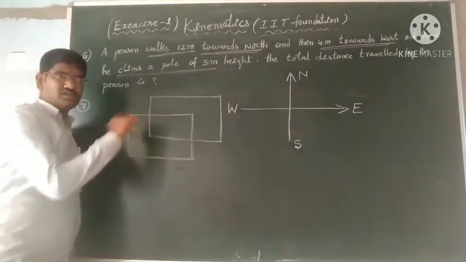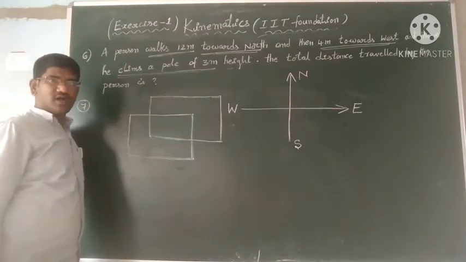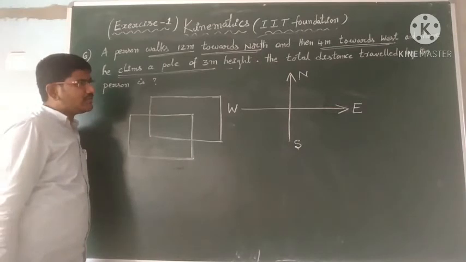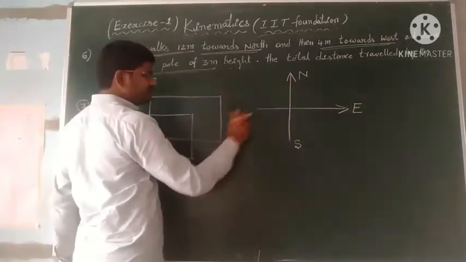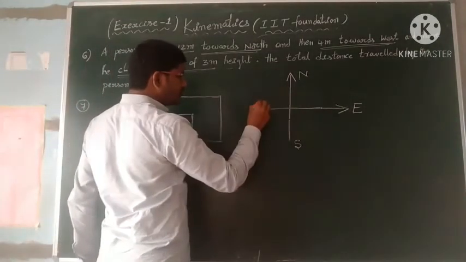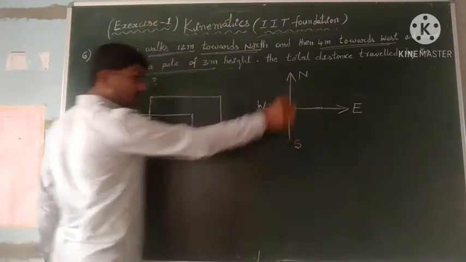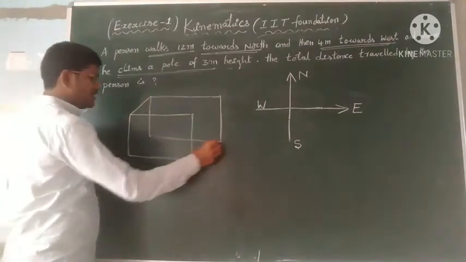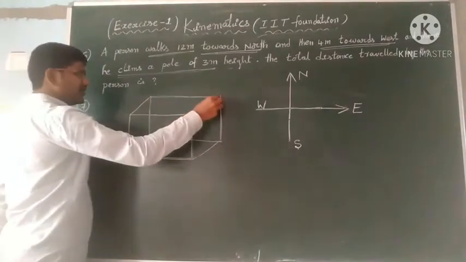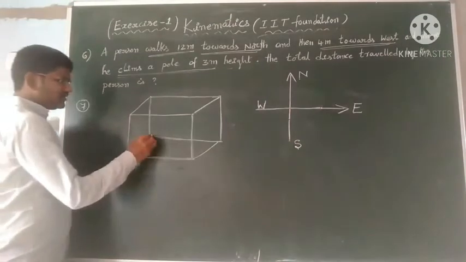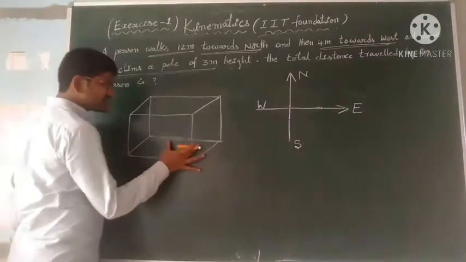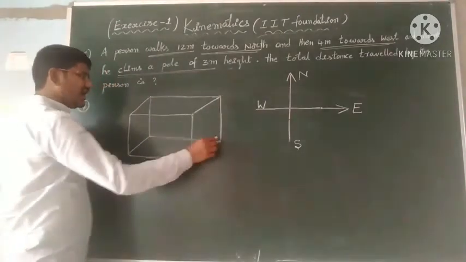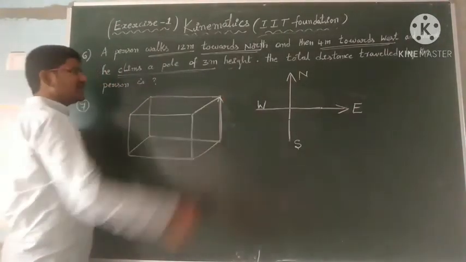And we can do the same problem with vector algebra also. But here we want to do this problem by using the horizontal directions. Now here see, this direction I am taking as the east, and this is the north direction I am taking.